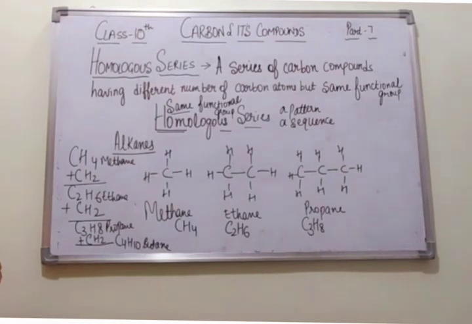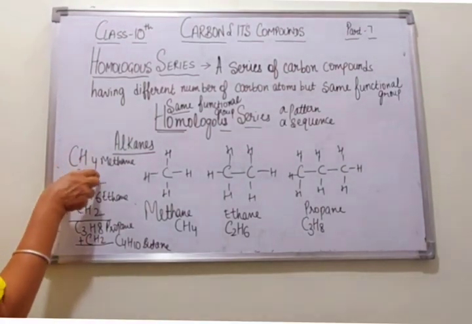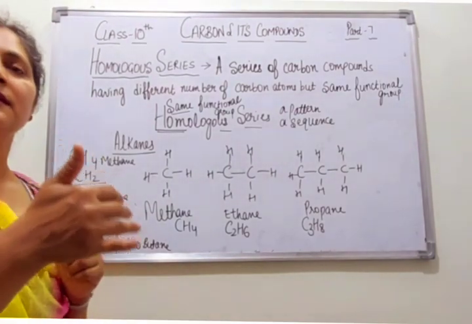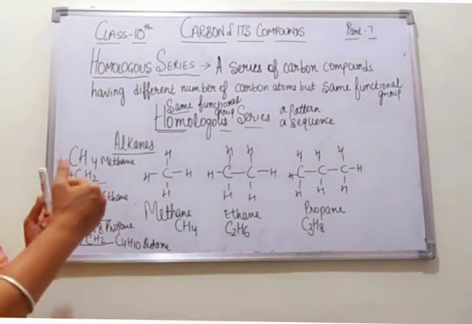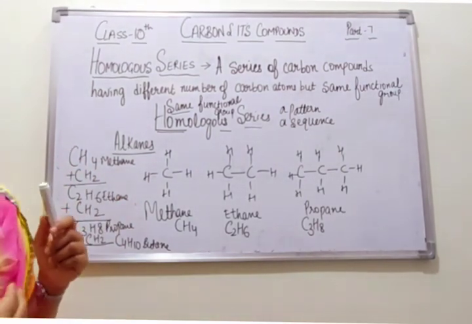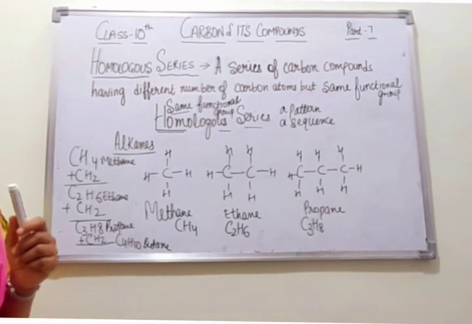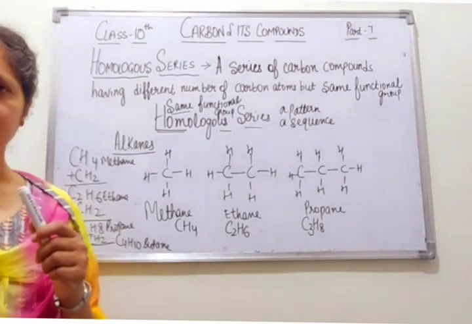Now students, you can see it is the same pattern. In all, we are adding CH2, CH2, CH2, and getting other carbon compounds. They are in the same sequence, same pattern, with the same functional group. This is known as the homologous series, in which the functional group is the same.